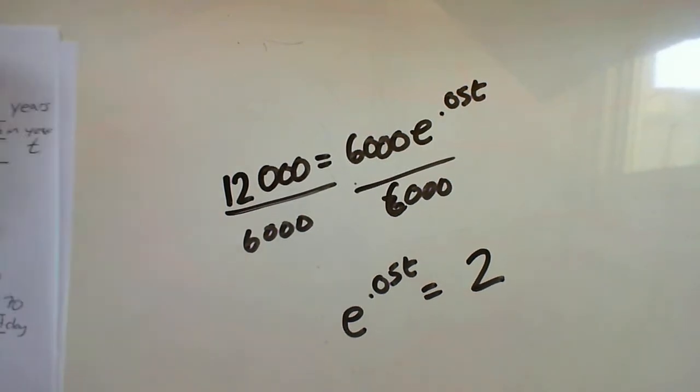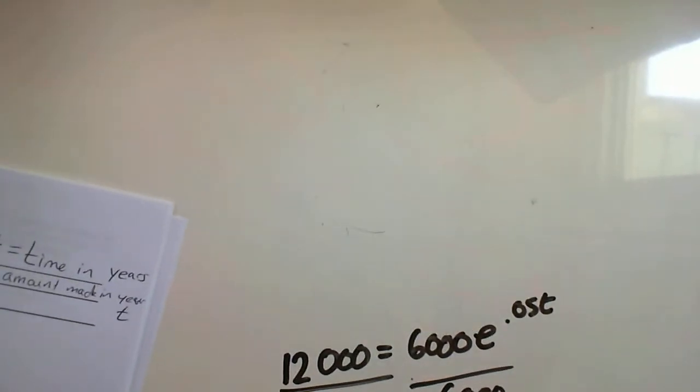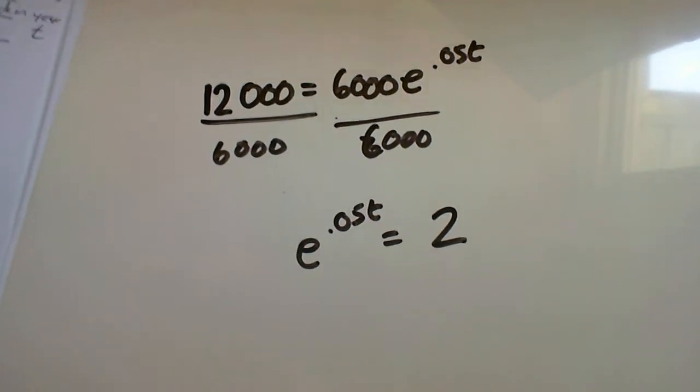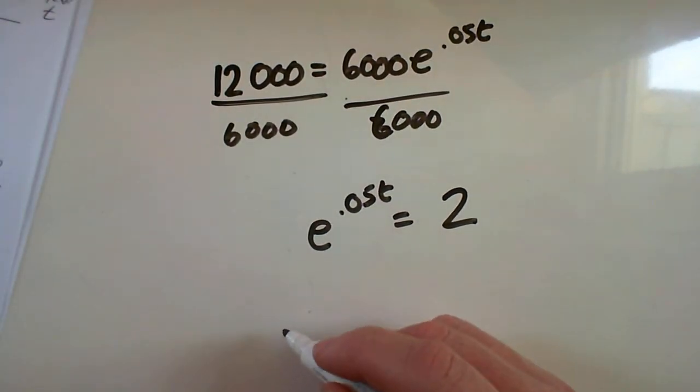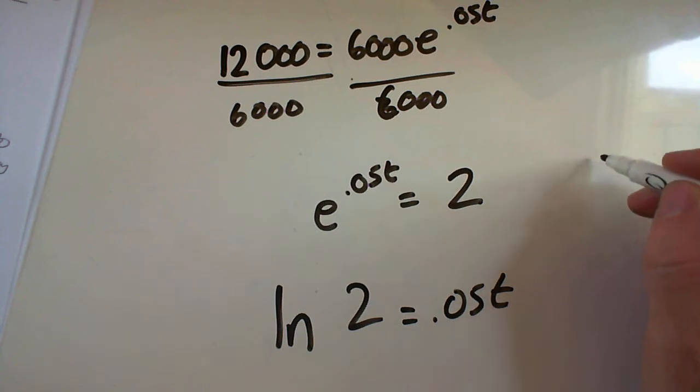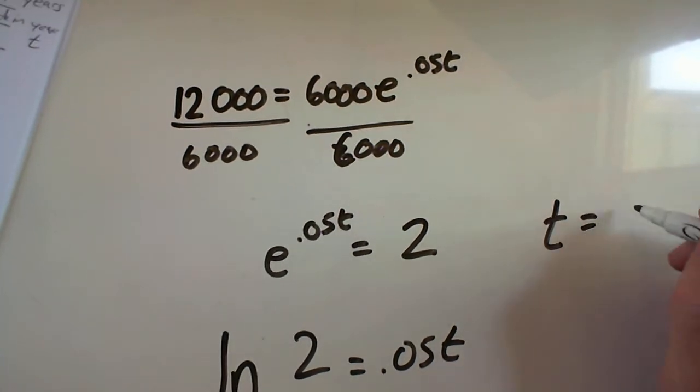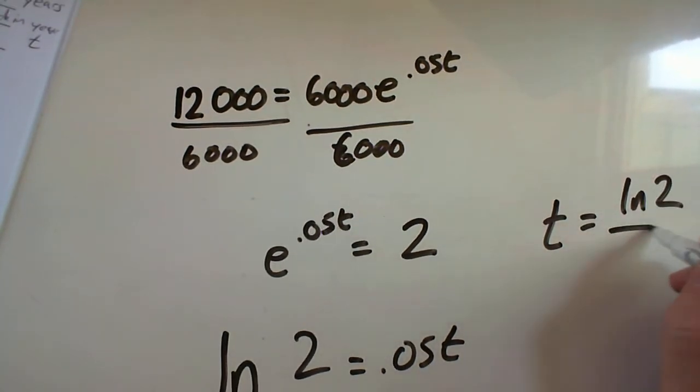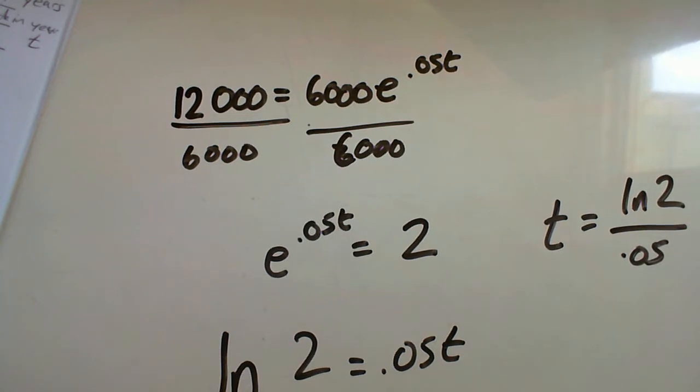Take the natural log of both sides, or you can also look at it as change form. So ln e to the 0.05 t equals ln 2, and that gives us t equals the natural log of 2 divided by 0.05.